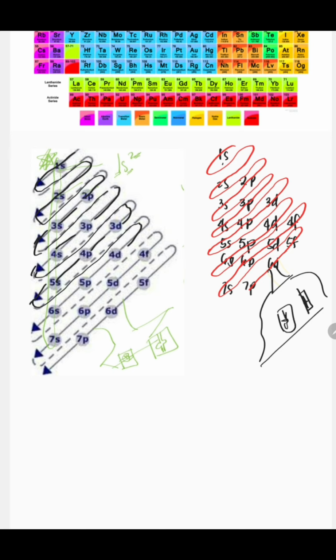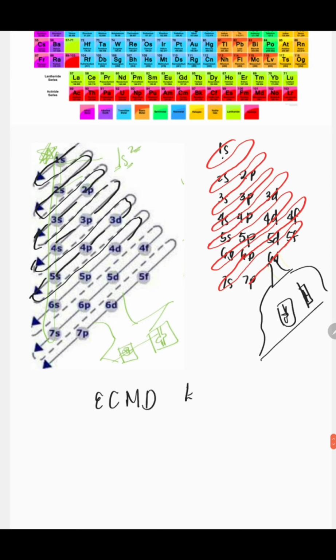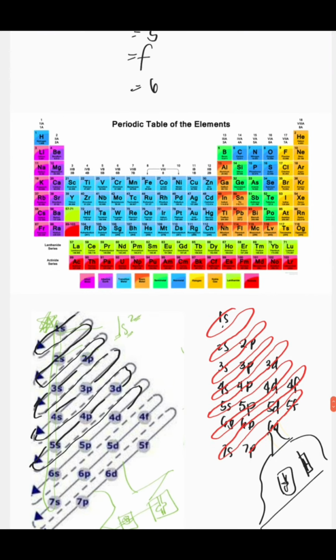So, this is the electronic configuration mnemonic device. You need this when you have to make a configuration of elements.